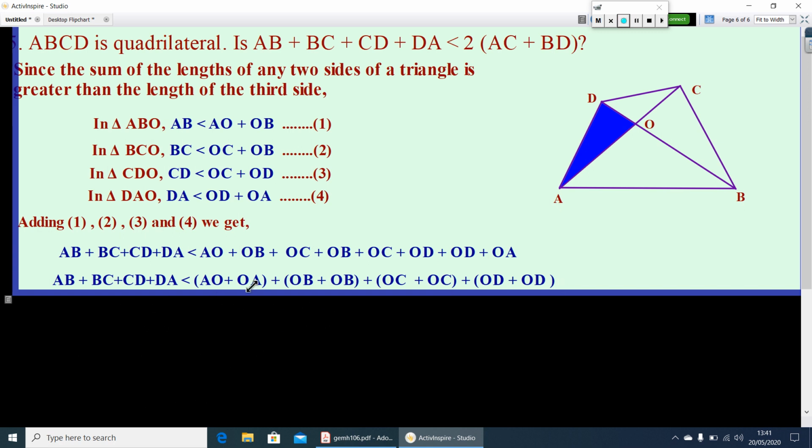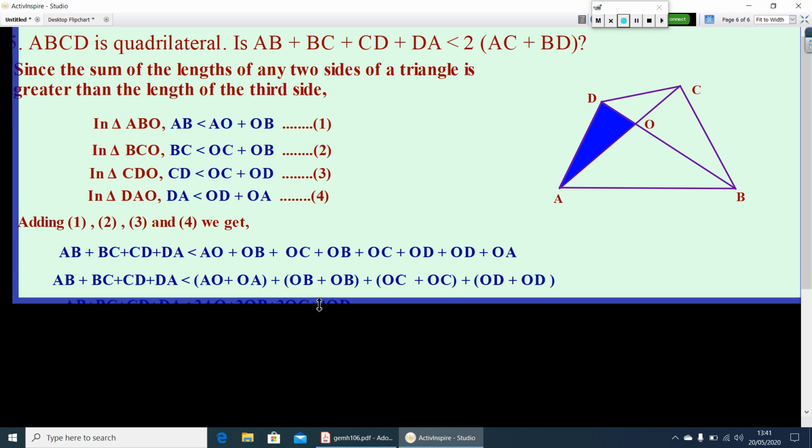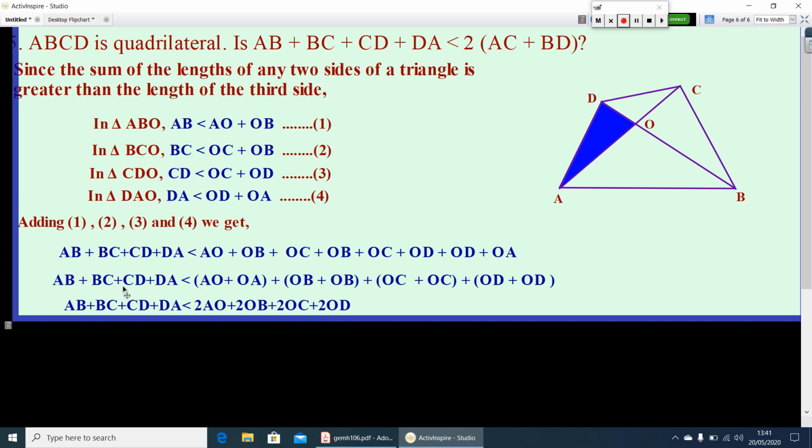Now AO plus OA you can write as 2 AO. Similarly this is 2 OB. So we will get AB plus BC plus CD plus DA less than 2 AO plus 2 OB plus 2 OC plus 2 OD.